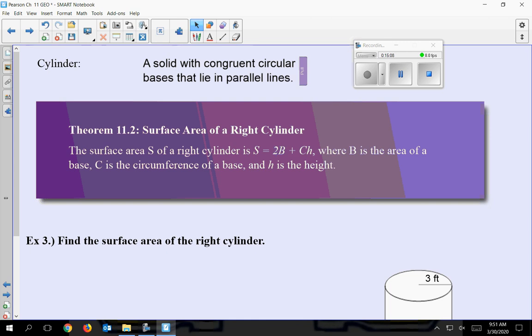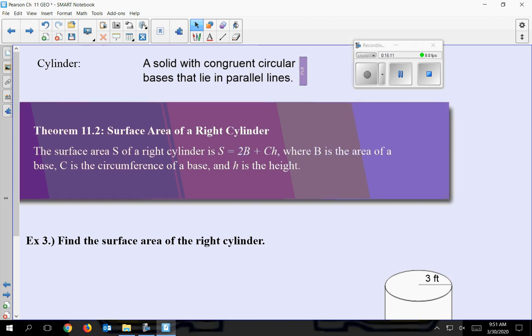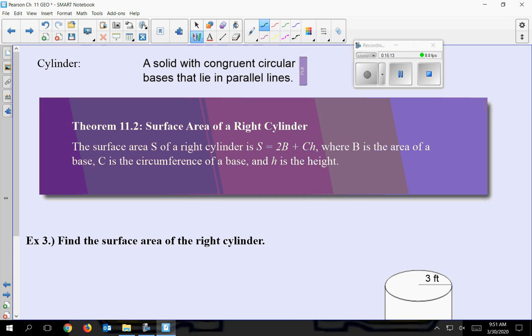So we got a formula that's very similar to what we used in the last one, except C stands for circumference, which we've done before. And circumference is the perimeter of the circle, of the base, and last formula we used P for perimeter.